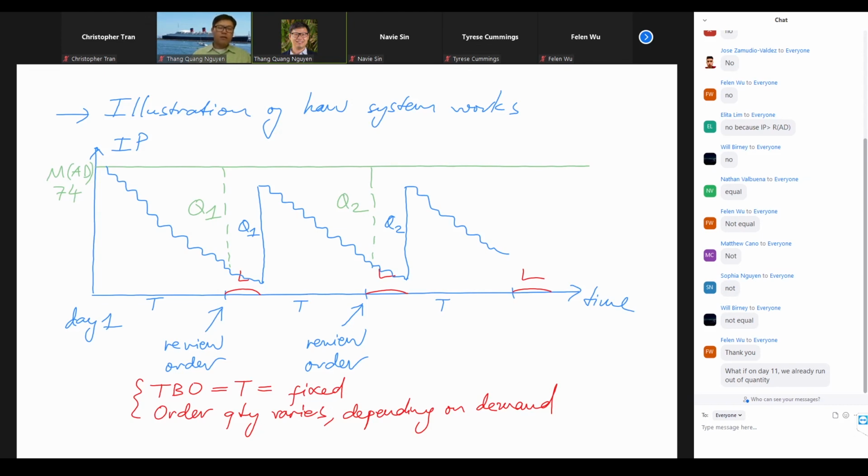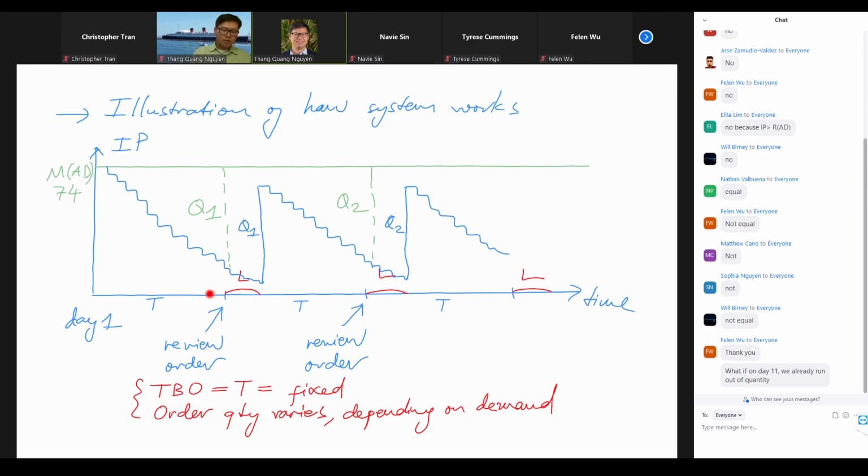Oh, so Fallon, it means that it will be zero because there's a chance of stock out. The demand is uncertain, right? So it might hit zero earlier than that. Then theoretically we need to order on that day, right?